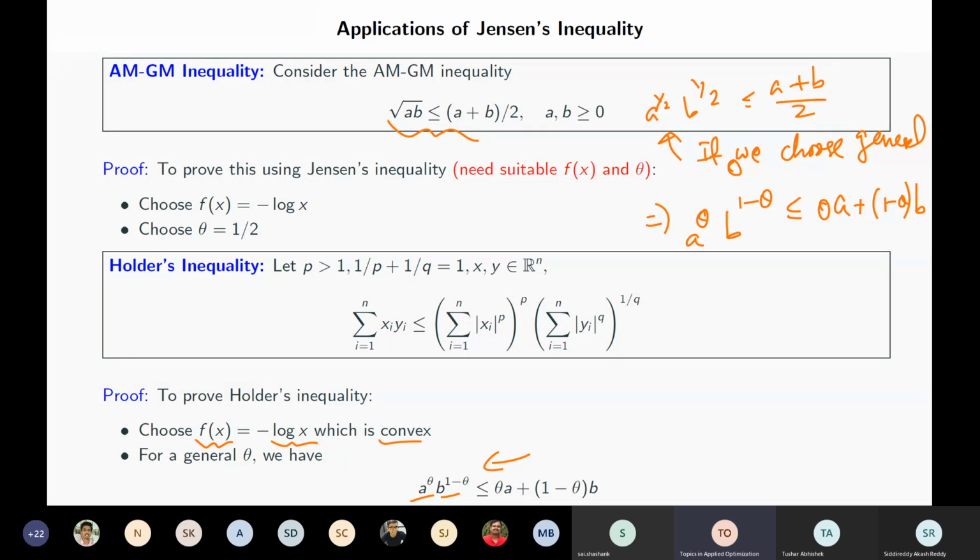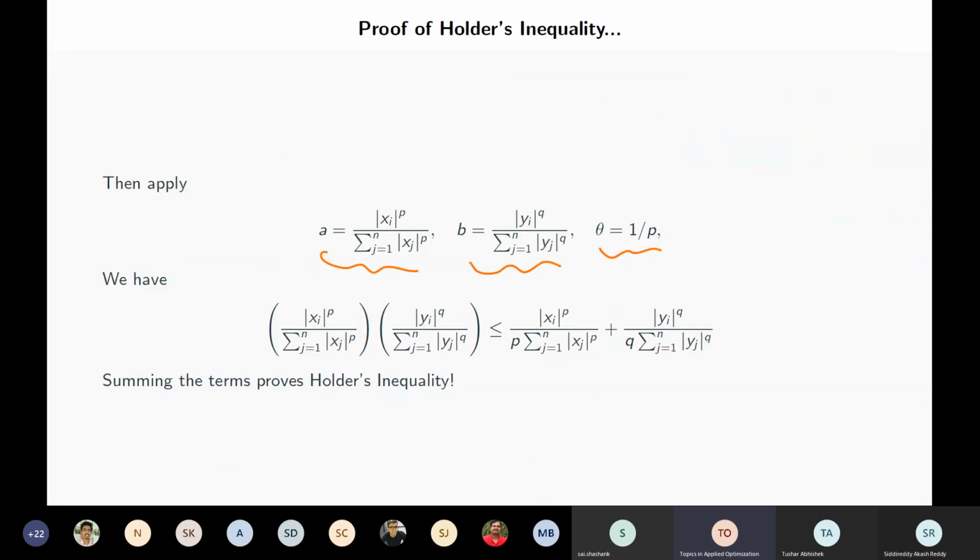So let us do this with these choices that we have. So a to the theta is with theta 1 over p, and b to the 1 minus theta.